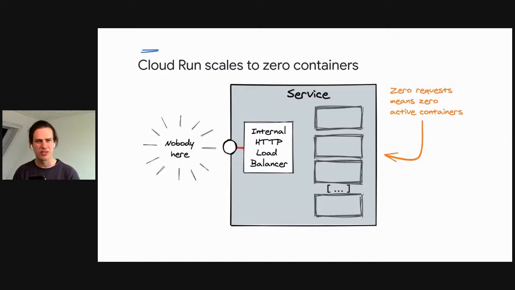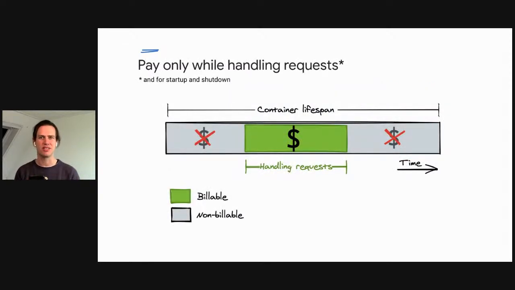But that's not the whole story, because the pricing model of Cloud Run is unique, as you only pay for the system resources you use while a container is handling a request with a granularity of 100 milliseconds. And obviously, when your application is starting or shutting down, you're also charged.